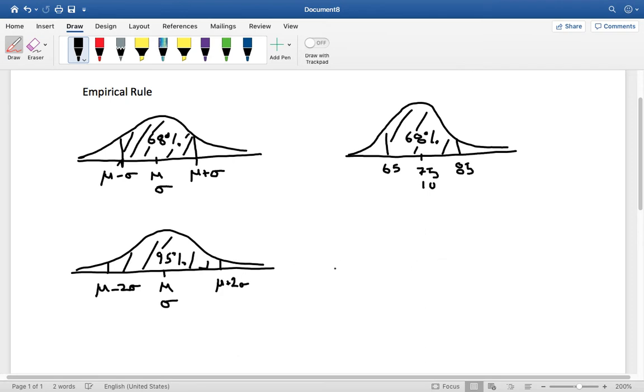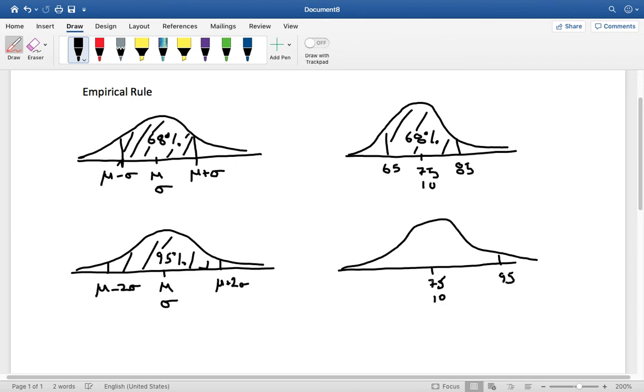So if we apply it to our students taking the exam and we're looking at their exam scores, mean is 75, standard deviation is 10. So if I have the mean, which is 75, and add 2 times the standard deviation, 75 plus 20 is going to take me out to 95.